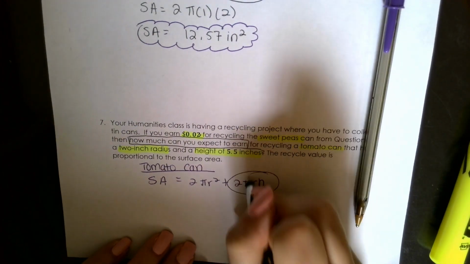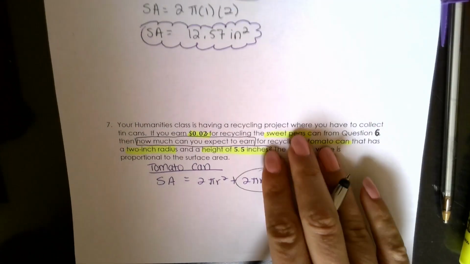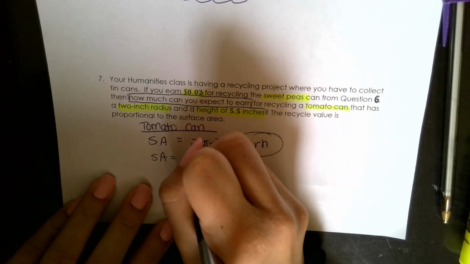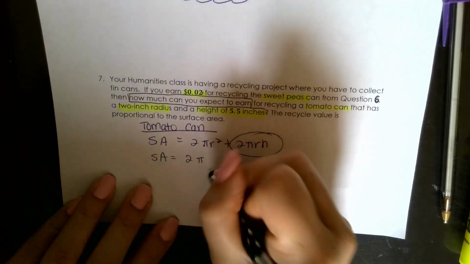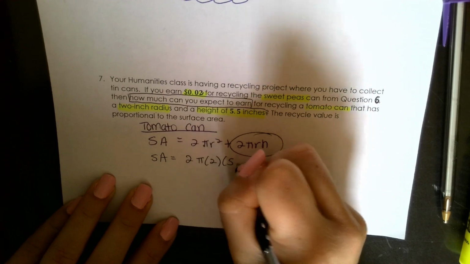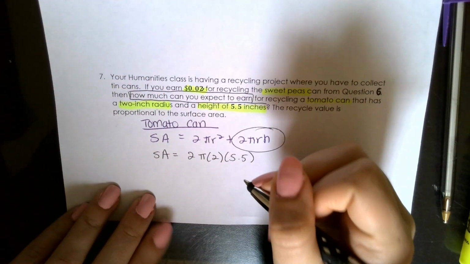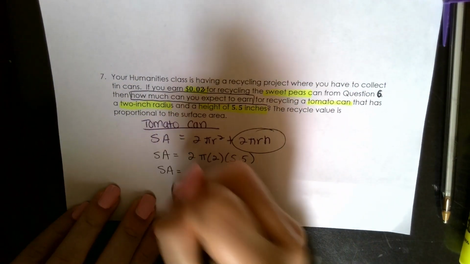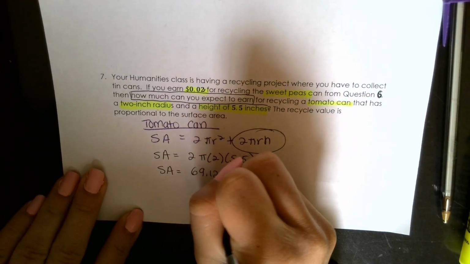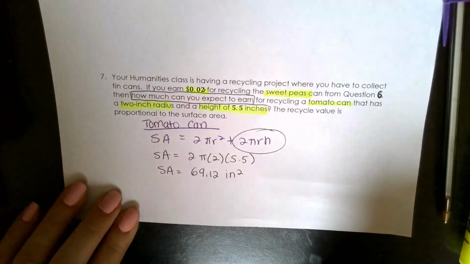I just want the lateral area. 2 pi times my radius, 2, and a height, 5.5. Again, I'm going to round to the nearest hundredth, so I'm going to get 69.12 inches squared.